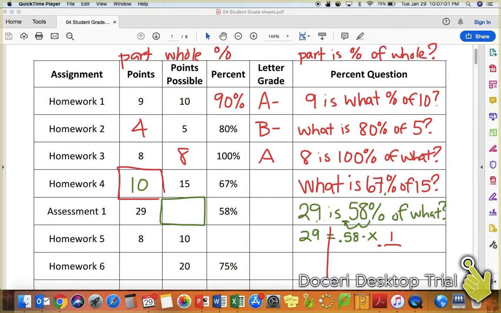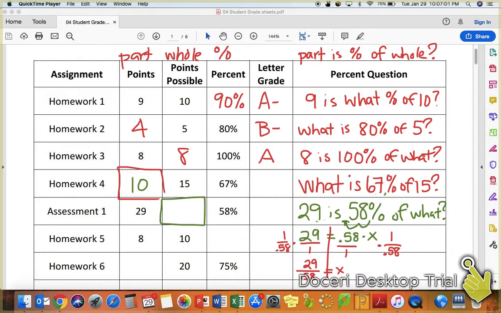And in this case, the reciprocal of 0.58 would be 1 over 0.58. I'm going to do that to both sides, times 1 over 0.58. And if I multiply straight across, I get 29 divided by 0.58 is equal to x.